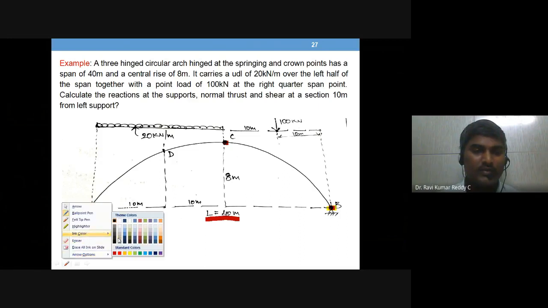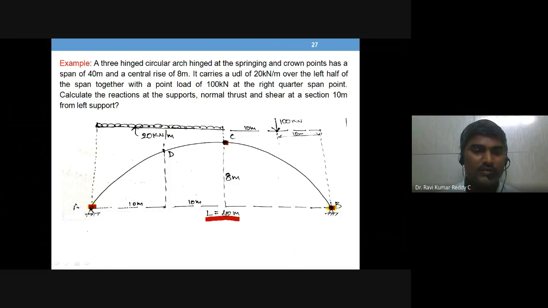This is the central rise which is given there. This is 8 meters. So these are the properties given for the arch.